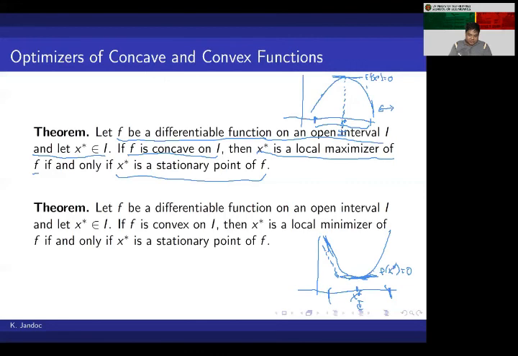Then the function is increasing. So therefore, the function attains its minimum value at x star, where the slope of the tangent line at x star is horizontal. So that's the intuition of these two theorems over here.